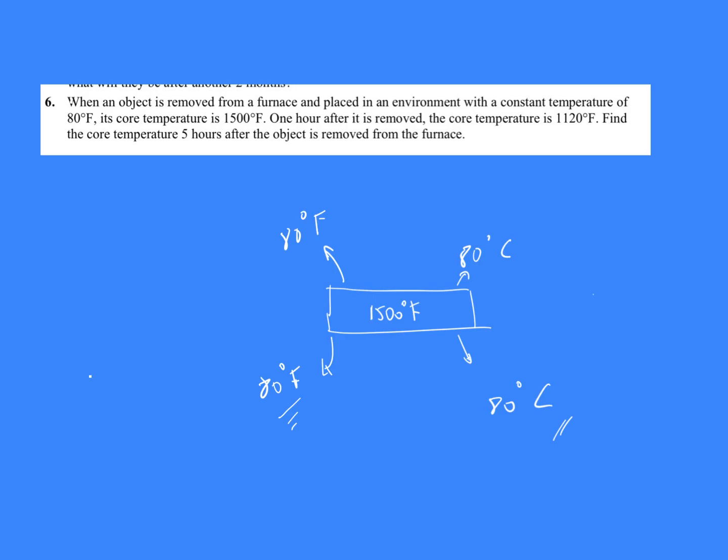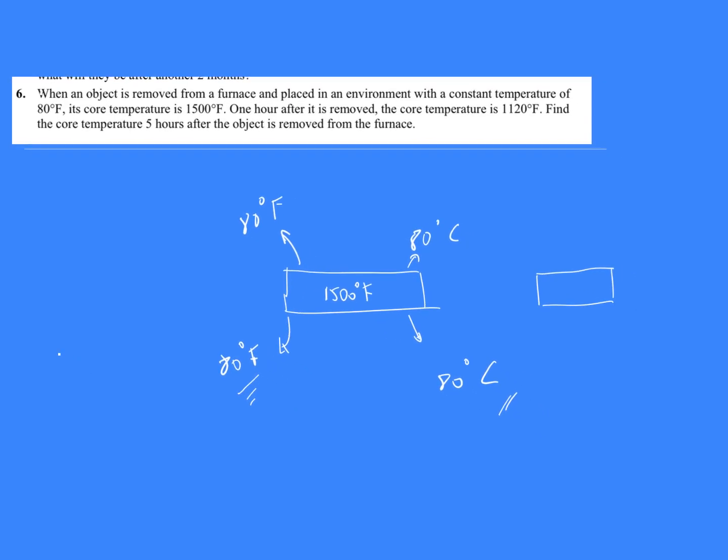But the object will cool, and what it says is that at t equals 0 the temperature is 1,500, and after 1 hour, at t equals 1, after being removed from the heat, the temperature of the object is 120. So find its core temperature after the object is removed from the furnace.